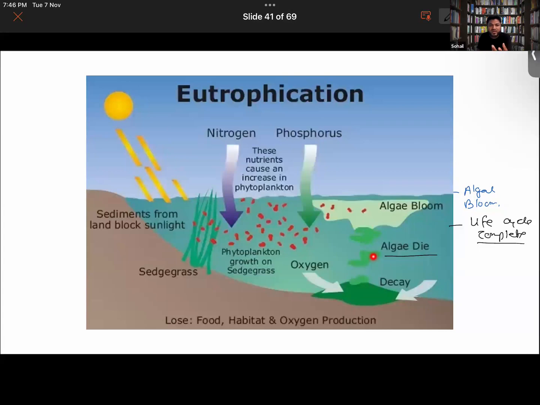And when those dead algae are eaten by the bacteria, the bacteria will utilize the dissolved oxygen present in the water, right? So thereby the fishes are being what? They will starve due to absence of oxygen, due to the lesser amount of oxygen. Now they will be starving, right?